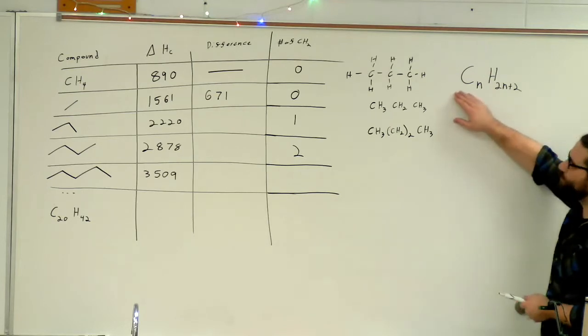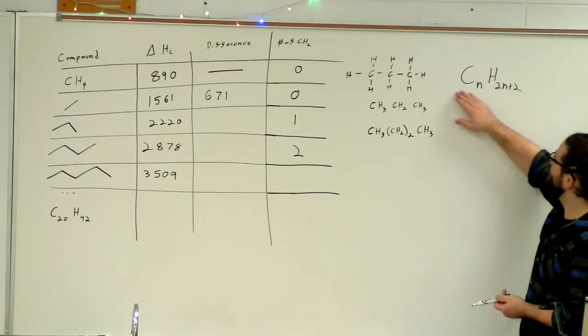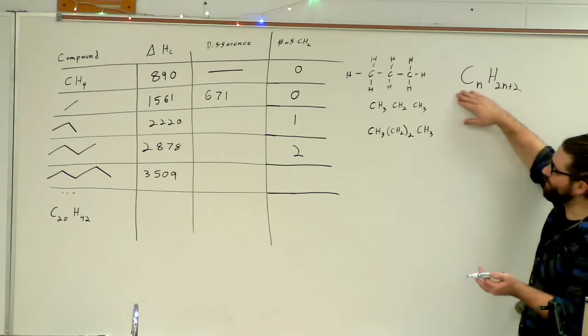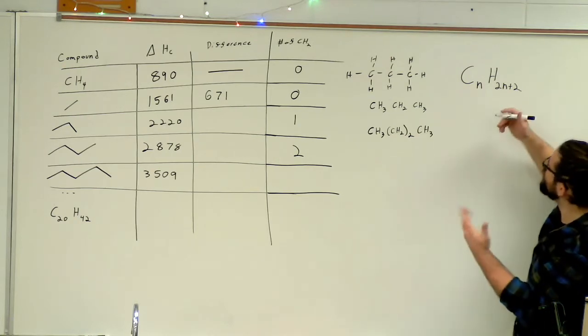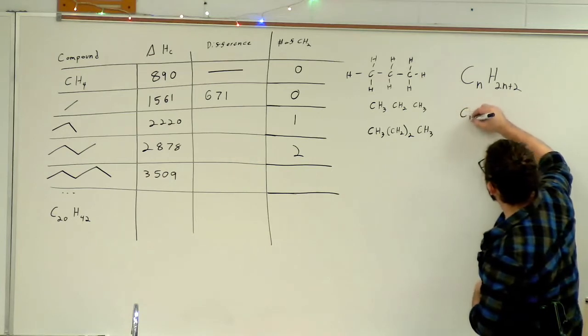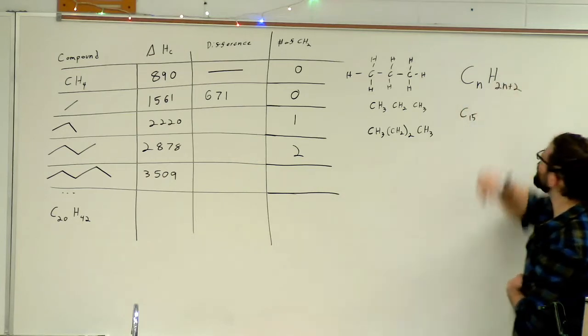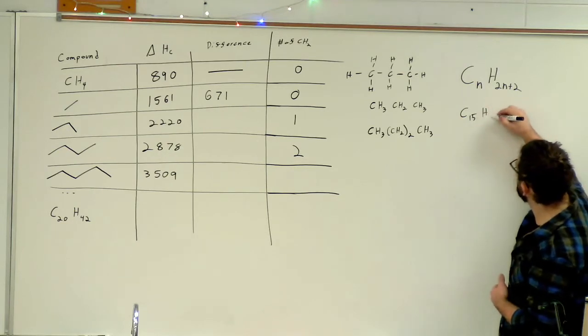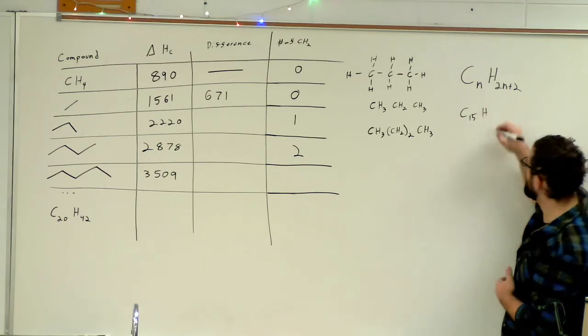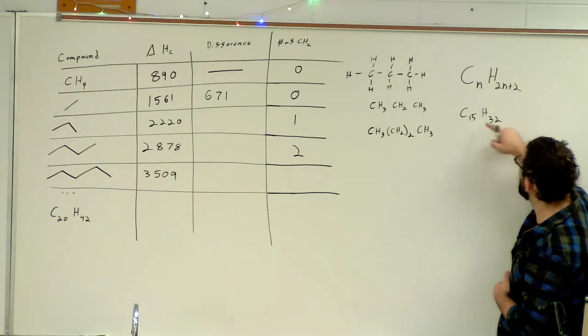But for every single bond hydrocarbon chain, I can just take my number of carbons. So for example, if I've got 15 carbons, how many hydrogens would I have? Well, I would just double 15, so 2n. That'd be 30, and add 2 more. So I'd have 32 hydrogens.